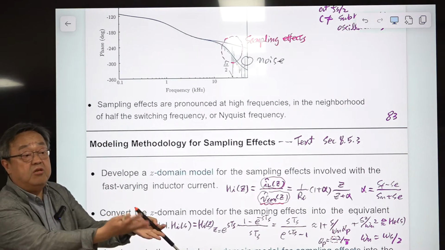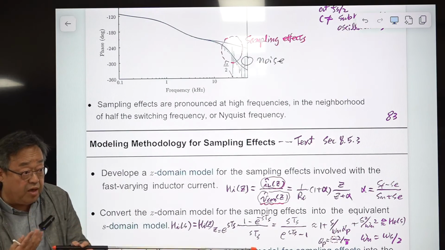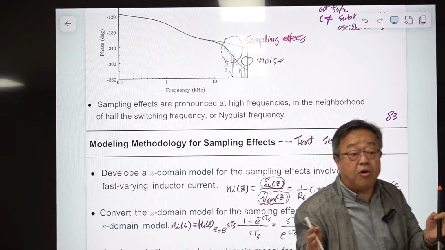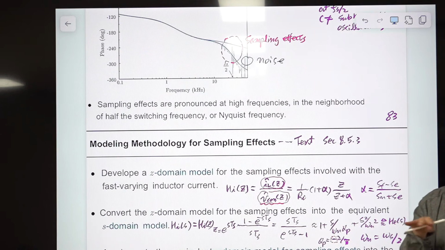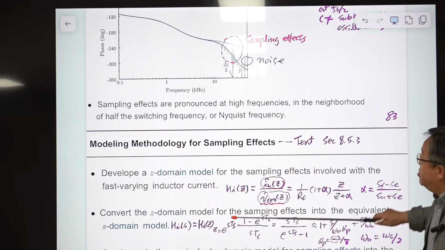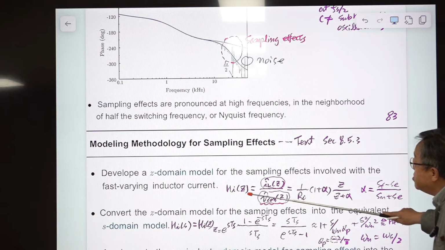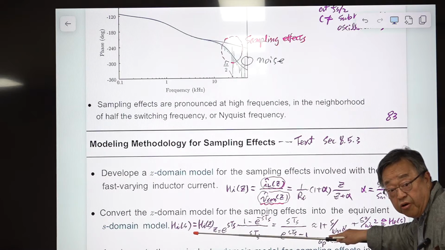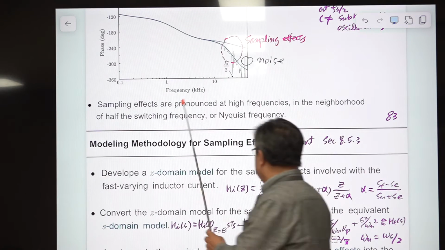So we needed to convert that to the s domain, because in the other part of the converter every waveform varies slowly. So we have the s-domain model for the entire converter; only this part has a z-domain model. So we convert this to an s-domain expression.